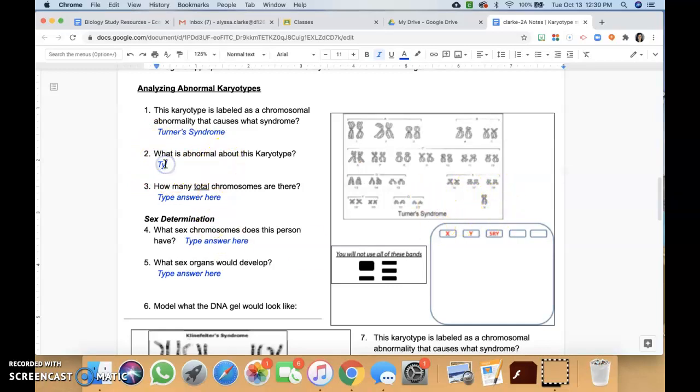There's only one sex chromosome. So we know that normal chromosomes, there should be 23 pairs or 46 total chromosomes. If you are missing one chromosome, then you are going to have 45.